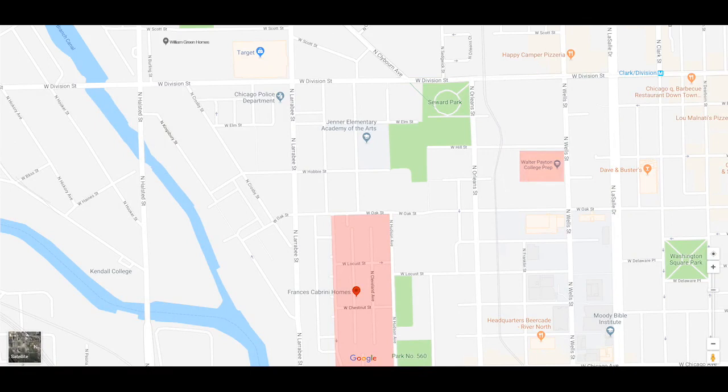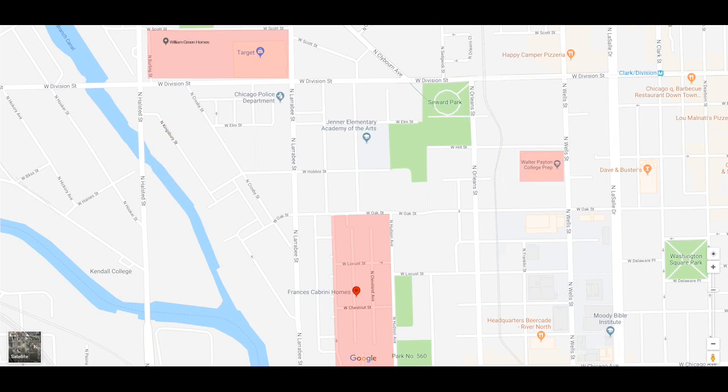From the time that Walter Payton College Prep was built in the year 2000 to 2011, when the last building was demolished, only 600 families were replaced within this neighborhood. So it went from 15,000 to 600 families.